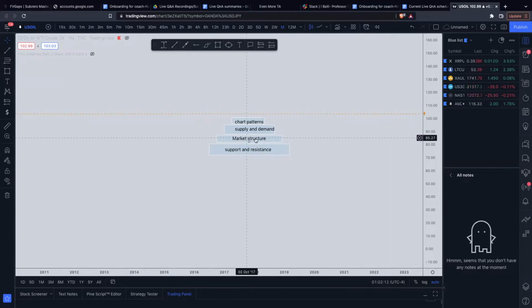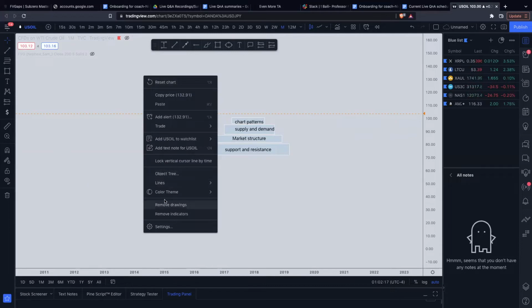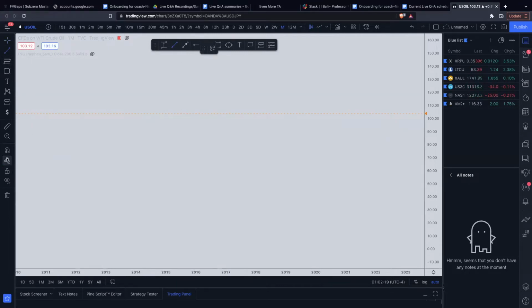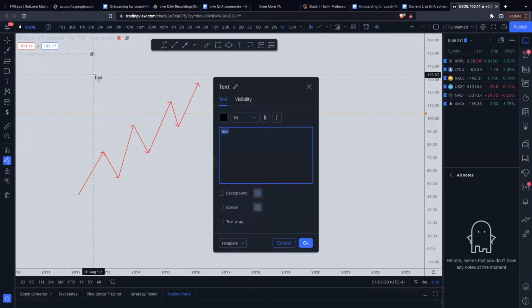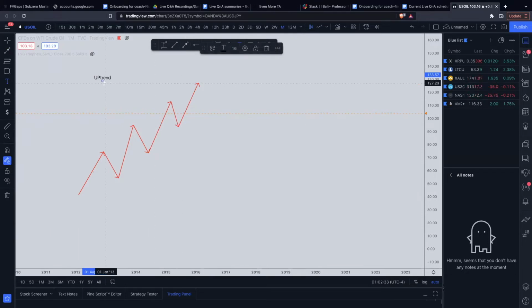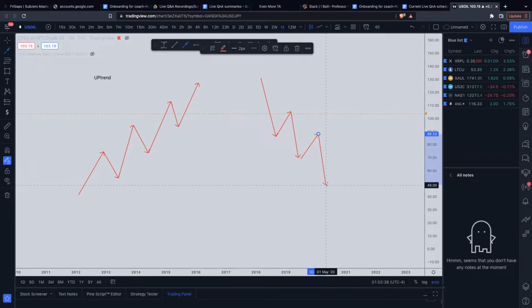But yeah, so the very basic market structure is how you identify your trends. This right here is an uptrend. This right here is a downtrend.